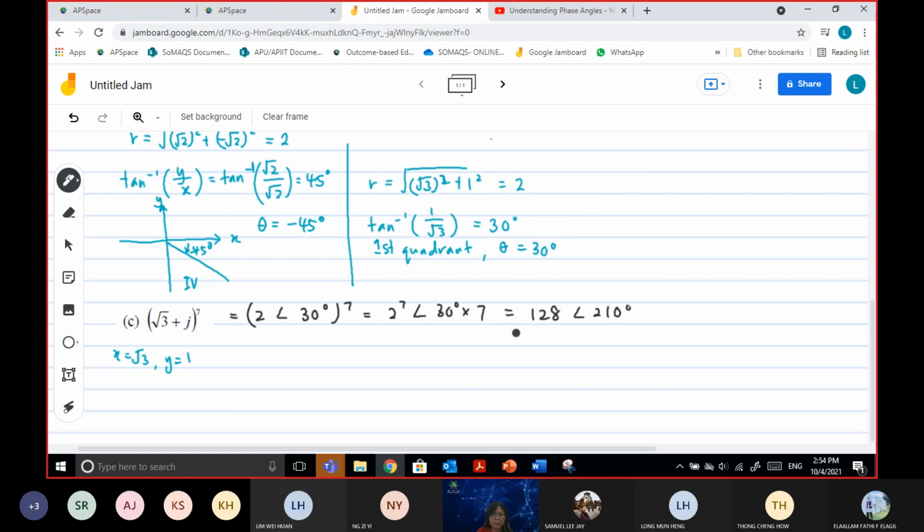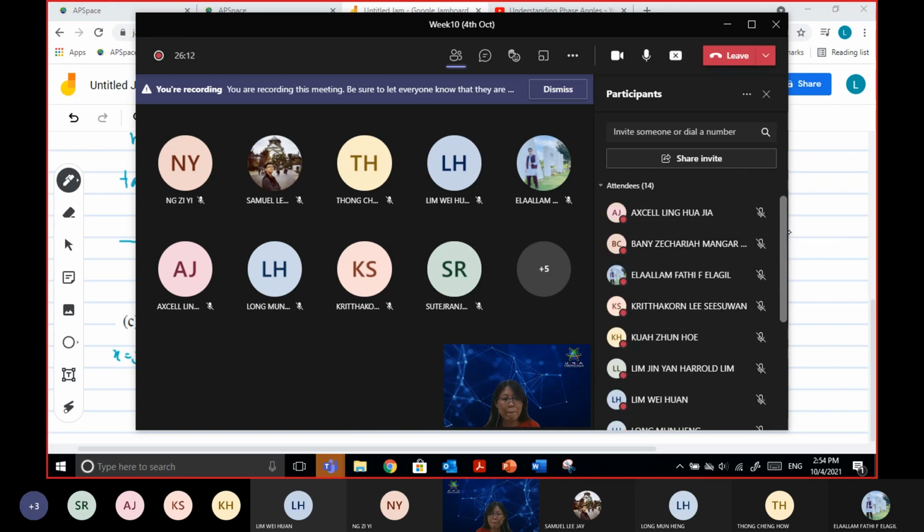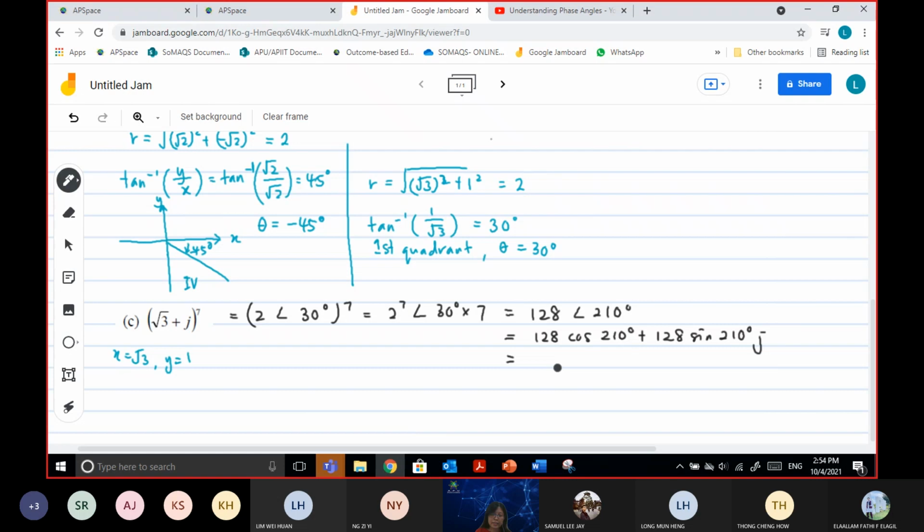Next we would like to write it in the Cartesian form: 128 cos 210 degrees plus 128 sine 210 degrees J. Can I have another student to give me the answer? Okay, Cryptacon, calculate the answer for me.